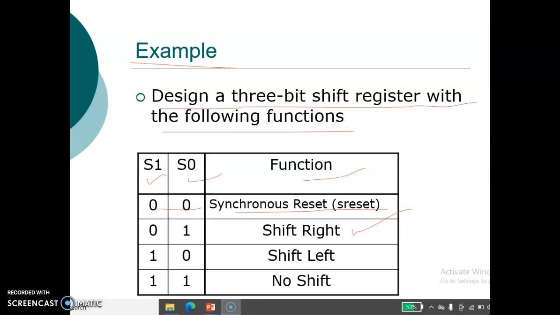If S1 is 1 and S0 is 0, then shift left. When S1, S0 are both 1, then no shift.